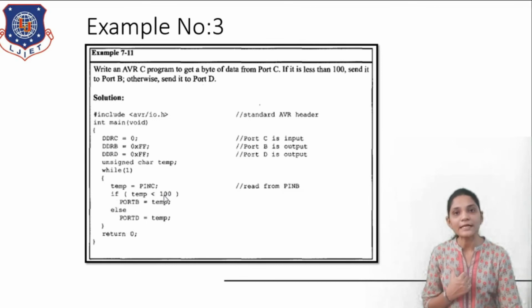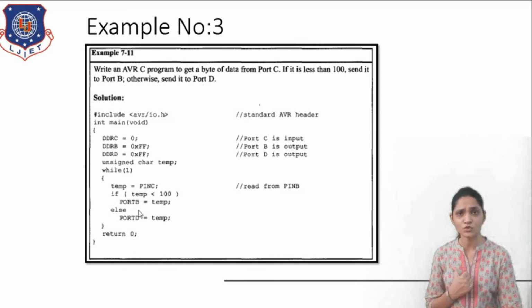Okay, so if your data is less than 100 then it is going to be transferred to port B, and otherwise it is going to be transferred to port D, and then return. So in this way we can take the decision by using this if and else.